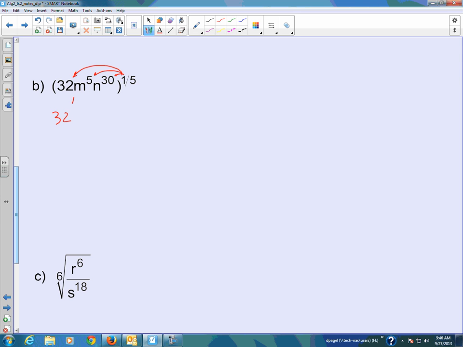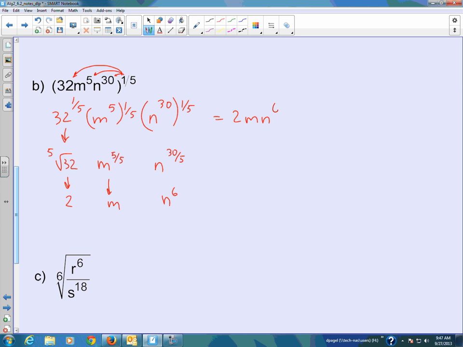So 32 to the 1/5, m to the 5th to the 1/5, n to the 30th to the 1/5, and 32 to the 1/5 is the same thing as the 5th root of 32, and that's just a 2. M to the 5th to the 1/5 just becomes 5/5, or 1, so that just becomes an m. And then this is n to the 30 over 5, which is just n to the 6. So this whole thing becomes 2m n to the 6.